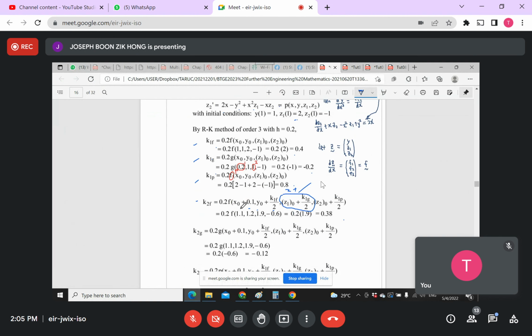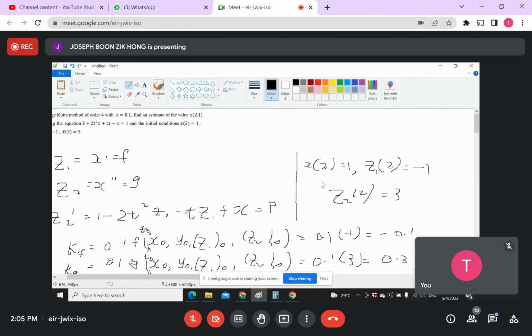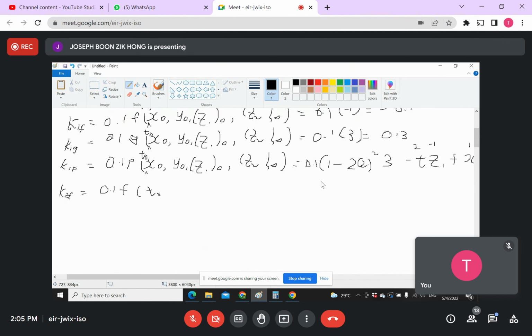So it's your H times the F of X naught plus H divided by 2, so T naught plus 0.05.